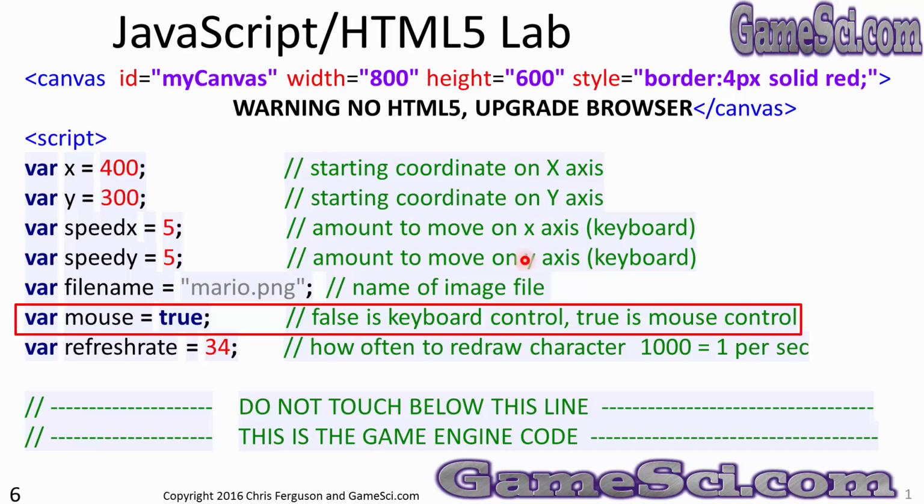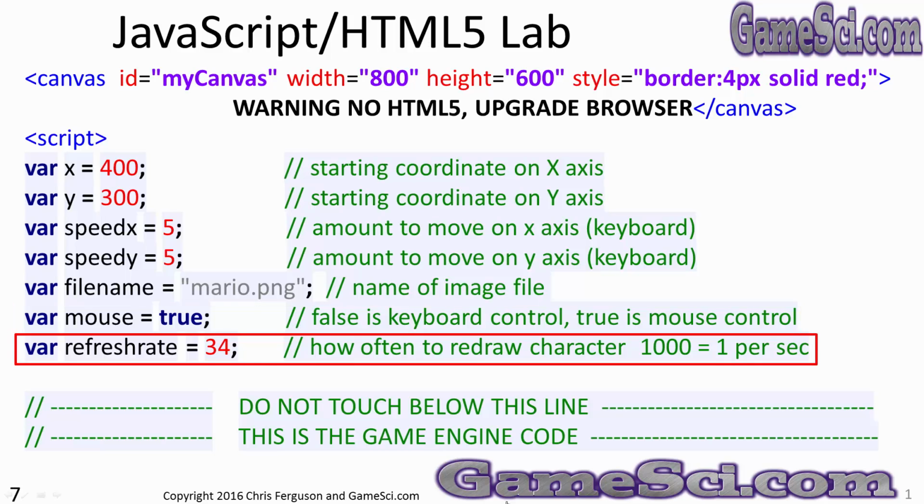And when I move the mouse around the screen, the character will follow the mouse. If I set this variable to false, we want keyboard control, and the character will move when I hit the up, down, left, and right arrows on the keyboard. Play with this value. Set it to false and see how you can move the character with the keyboard. Change it back to true and see how the character follows the mouse.